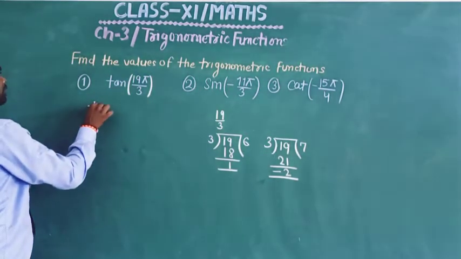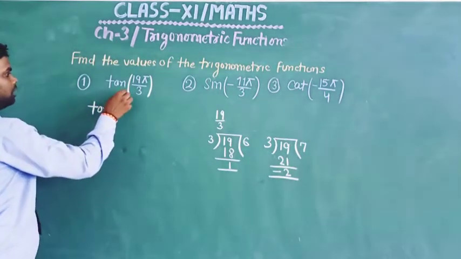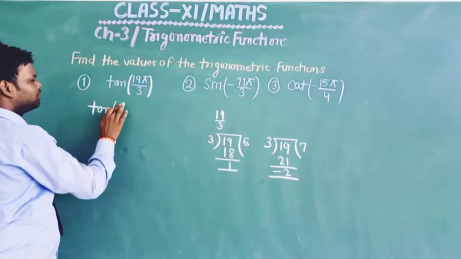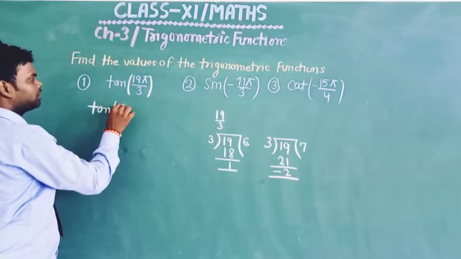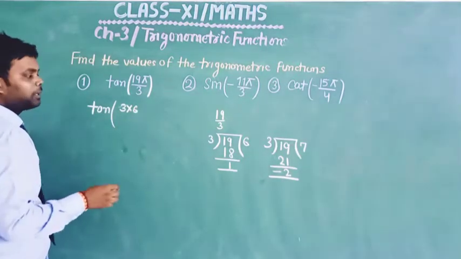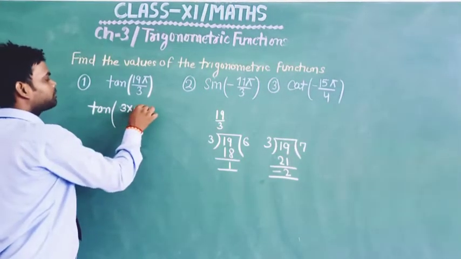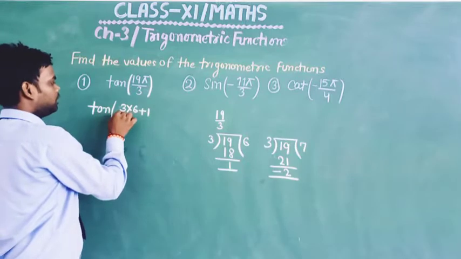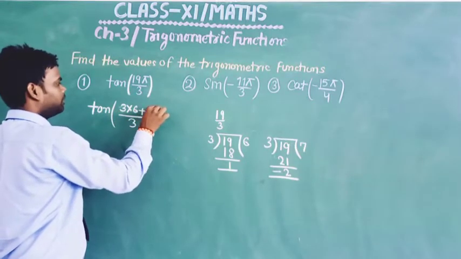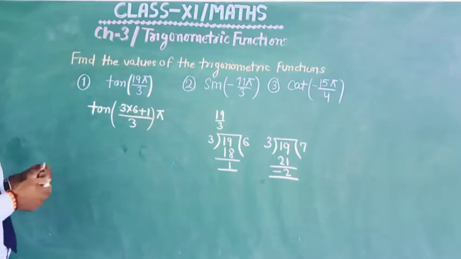So 1 is less, so this is what we write: 3 into 6, plus 1 by 3 π.